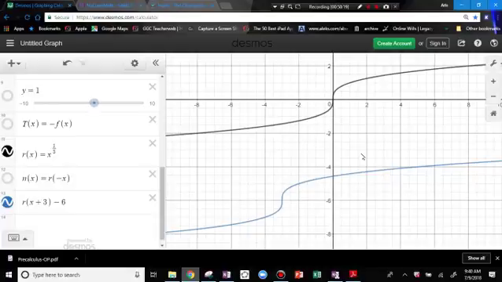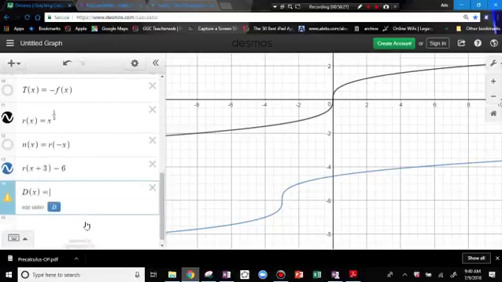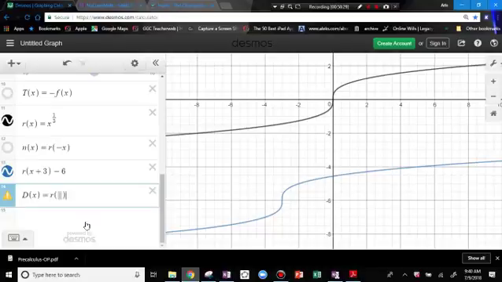What function would I have? I do d of x. All right. I'm going to flip r over the x-axis, move it 4 units up and 2 units to the left.